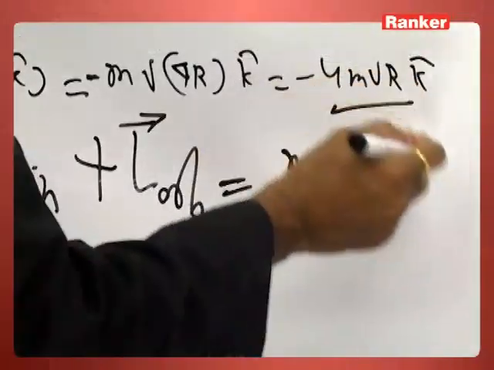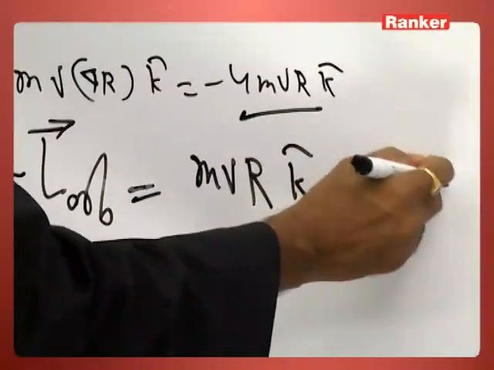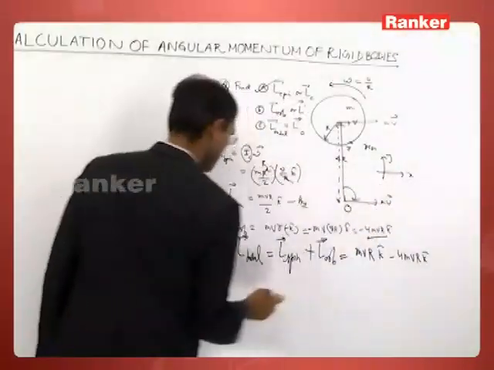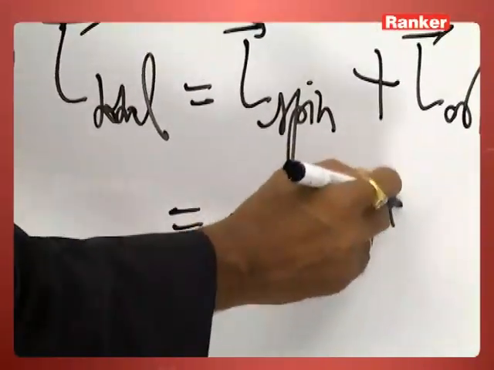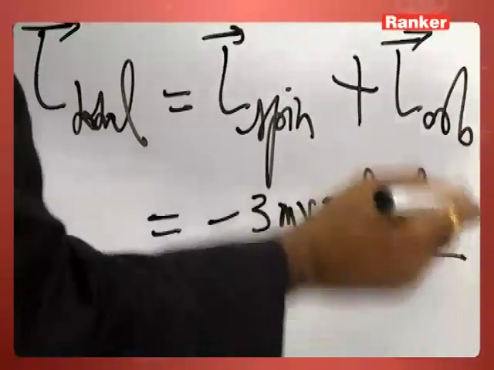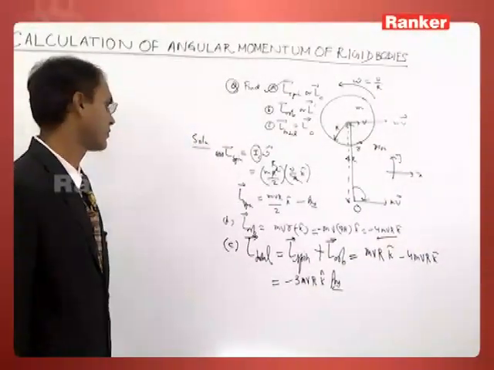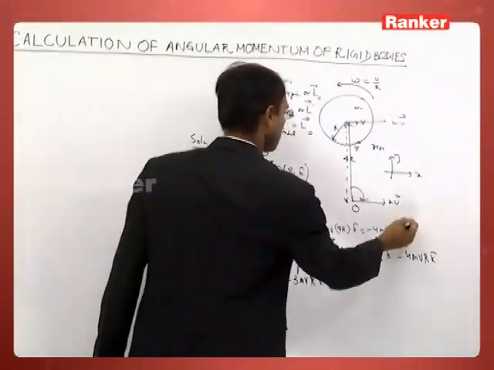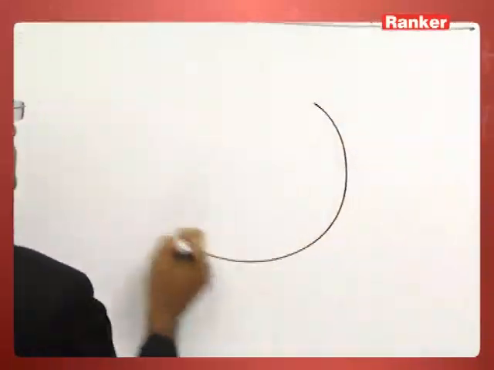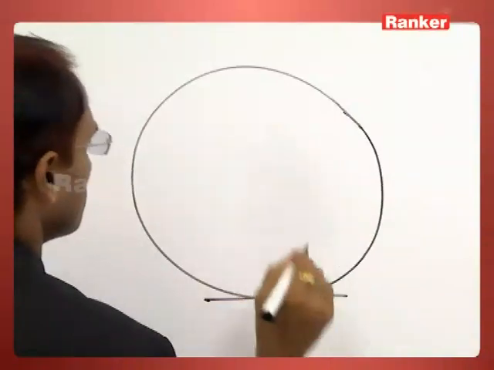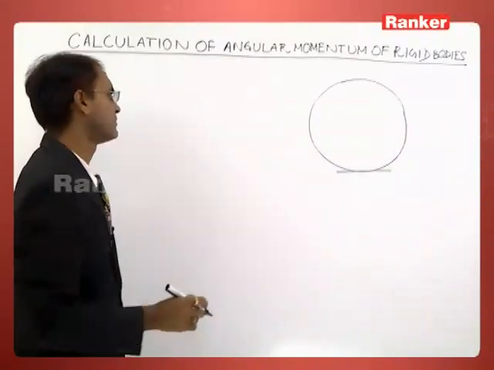The orbital angular momentum is minus 4 m v r k cap. If you add, you are getting minus 3.5 m v r k cap. Answer. Let us take another example. Let us take a rolling object.